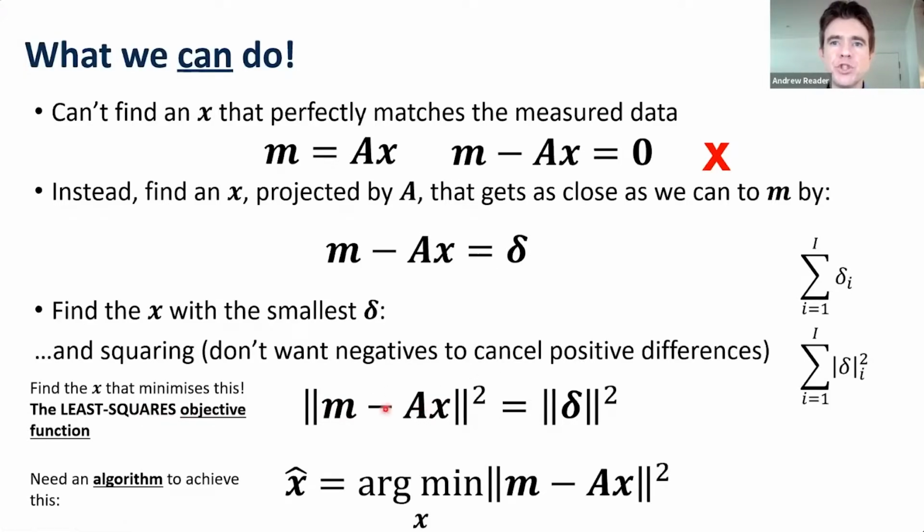And in order to achieve this, we talk about an algorithm, so this is the argument X here, which when put through A will minimize this overall least squares objective, okay? And so I'm going to use a hat here to say that this is the X that delivers the minimum of that least squares objective function. So we've got objective and we've got many possible algorithms that could deliver this minimum.